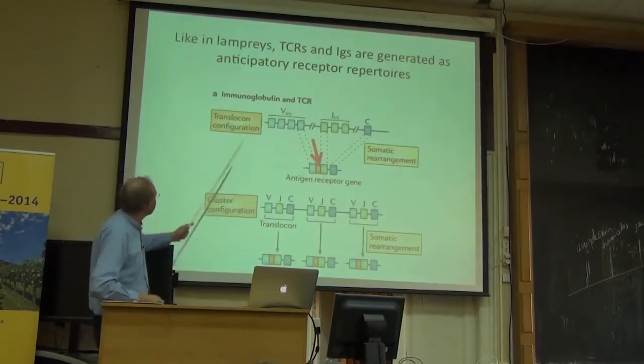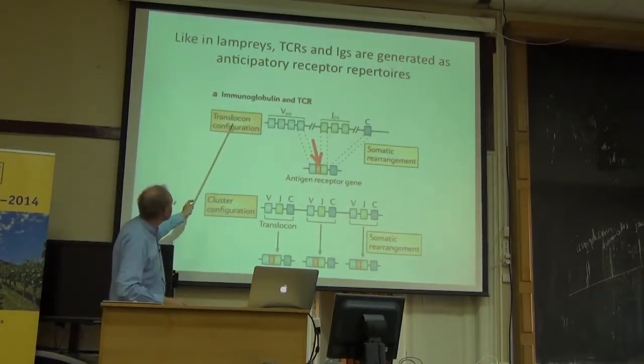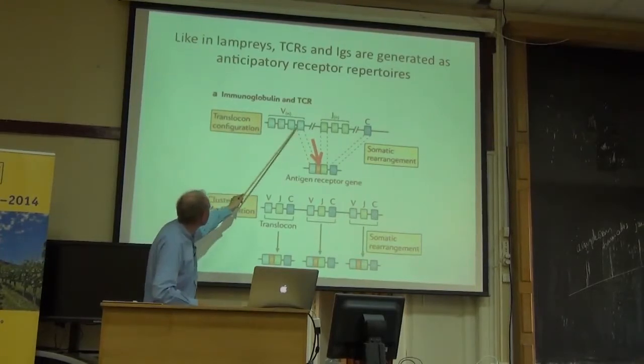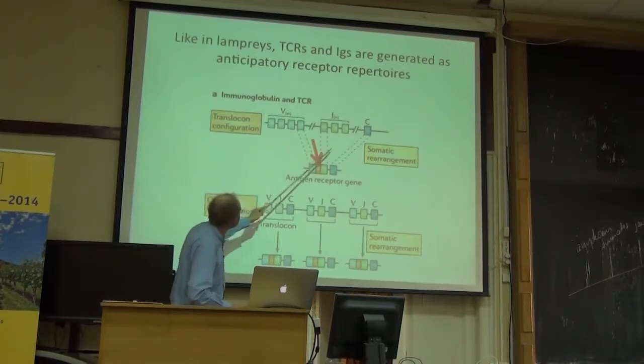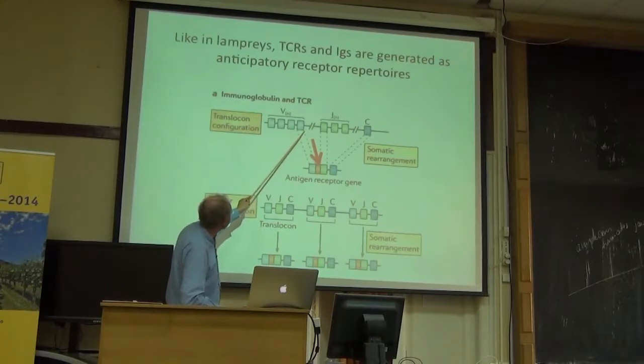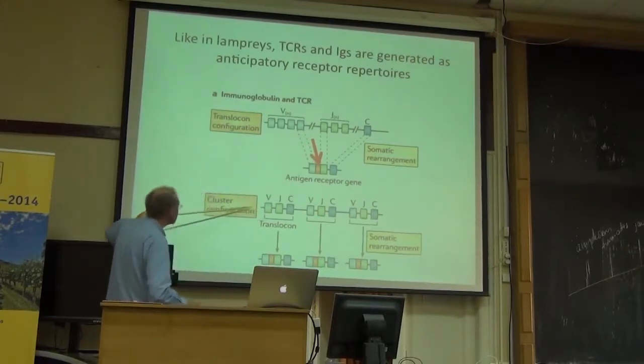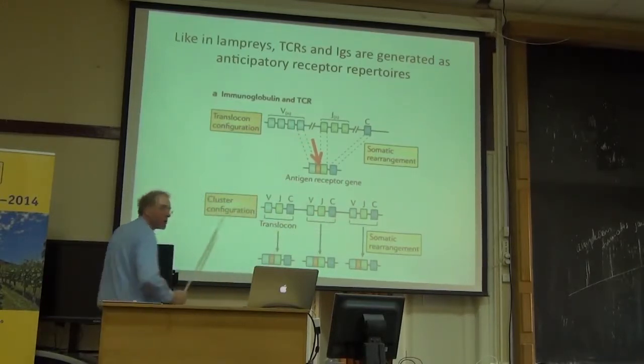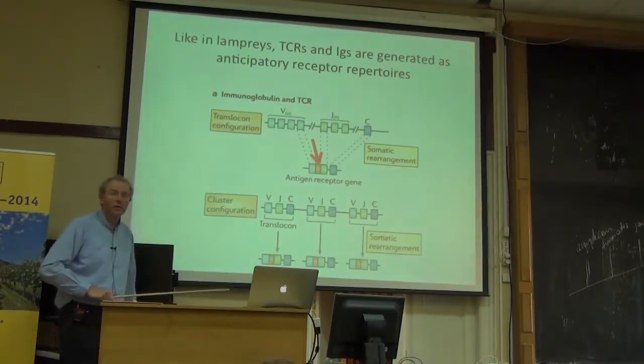And then we have what is called a translocon configuration, because we are going across a locus. If we use this one, for example, and use this one, all the rest in between is gone. This is, of course, one other possibility. Or we have a cluster. Each cluster is entirely independent and can rearrange.